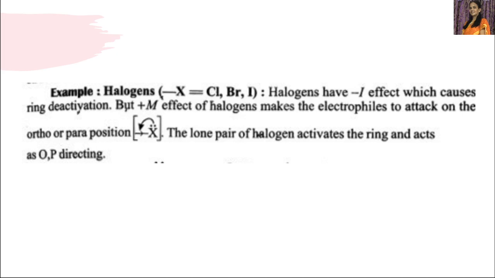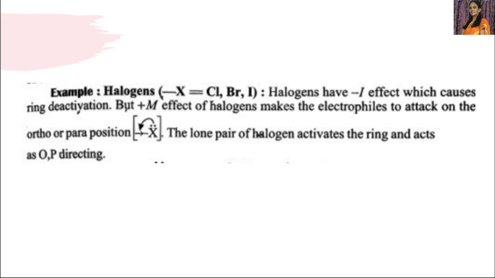So these halogens have a minus I effect, that is electron withdrawing effect, which causes ring deactivation, but the plus M effect of halogens makes the electrophiles attack the ortho and para positions. So they have a minus I effect as well as a plus M effect. So due to the plus M effect of these halogens, the incoming electrophile has to go to ortho and para positions only.